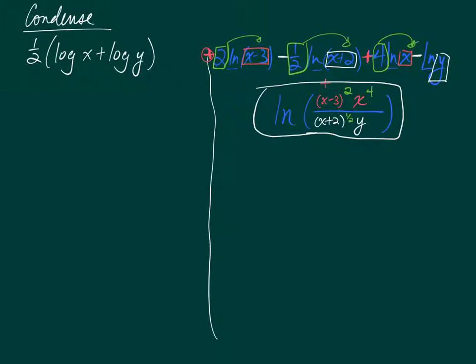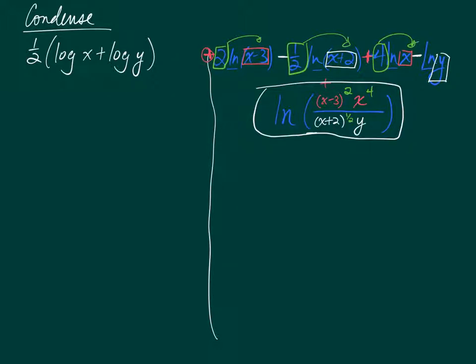Now the example on the left side of your screen, I see 1/2 times this set of logs. You can either distribute that 1/2, or you could just combine these logs first.